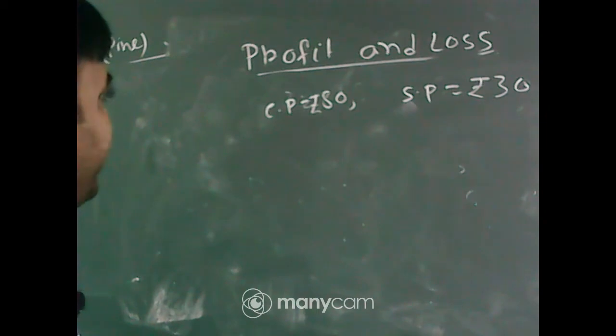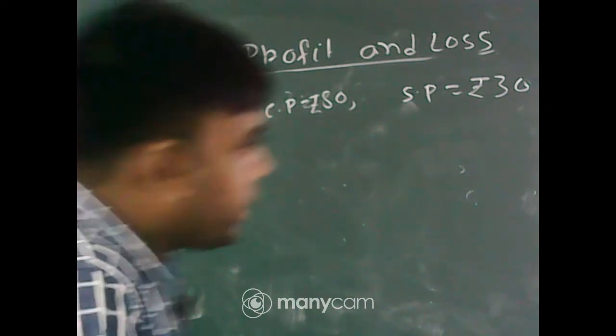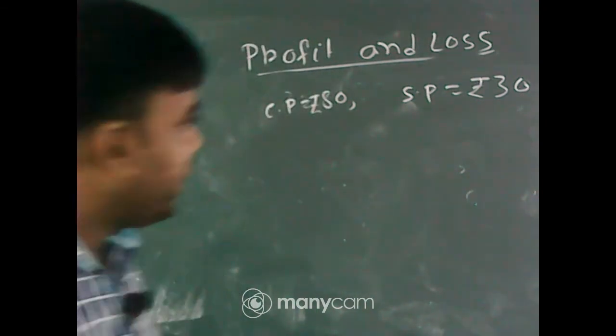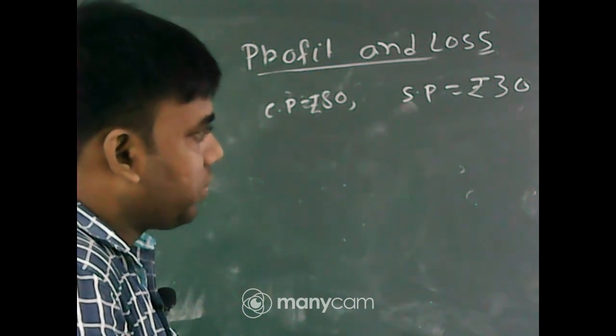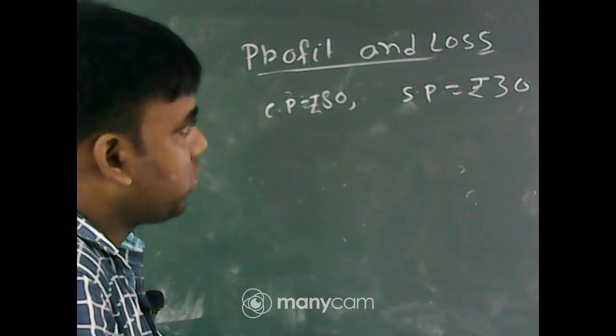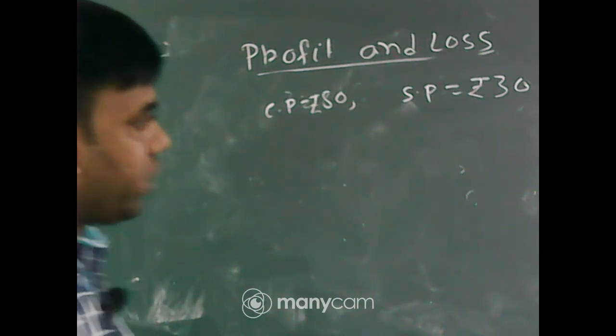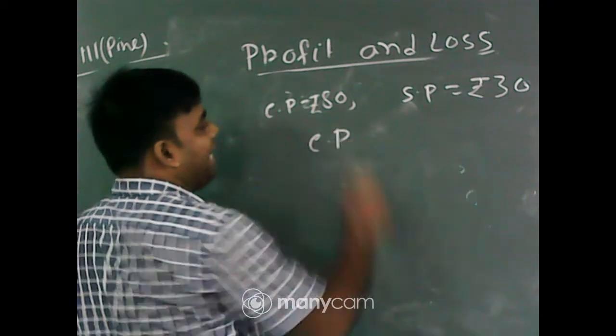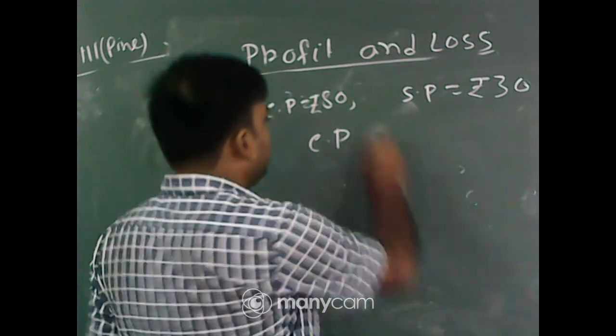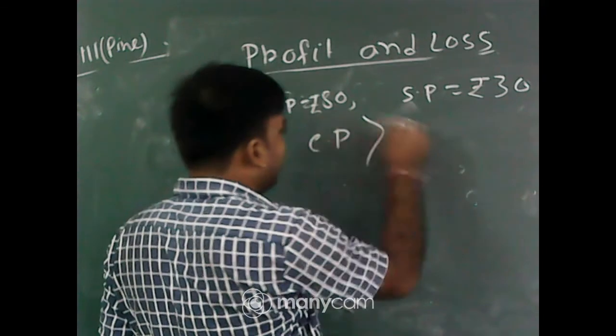Loss 20. How can you get 20? Naina, how can you get 20? That is 30 and 80 are given. So here CP 80 and SP 30. So CP greater than SP.